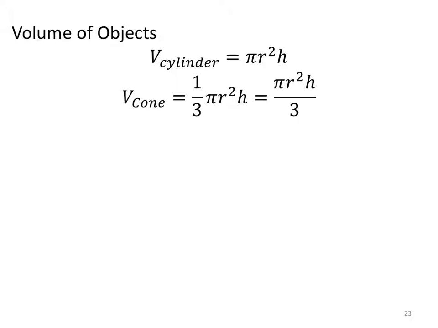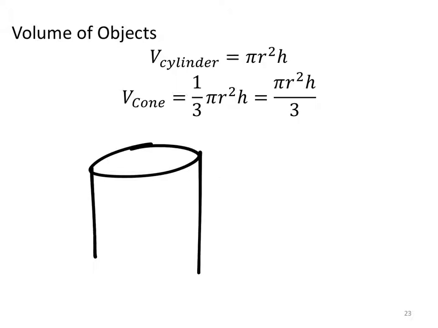Volume of objects. Let's look at the cylinder first. Cylinders are pretty nice. So cylinder, I just got a circle on top and bottom. It's kind of like a prism with a circle as its base. In any case, you've got your height right here, and the only other measurement that we really need on this is the radius. All right.